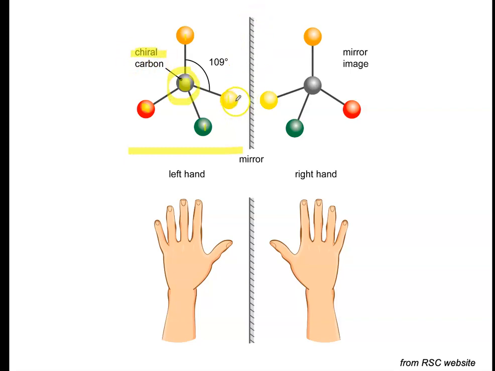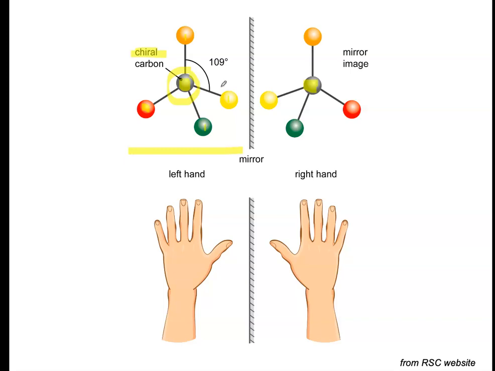Now what do you notice about the mirror image of this? There isn't much different, is there? You've still got carbon with 4 different groups attached. However, if we put the two mirror images on top of each other, they will not superimpose. We say they are non-superimposable.